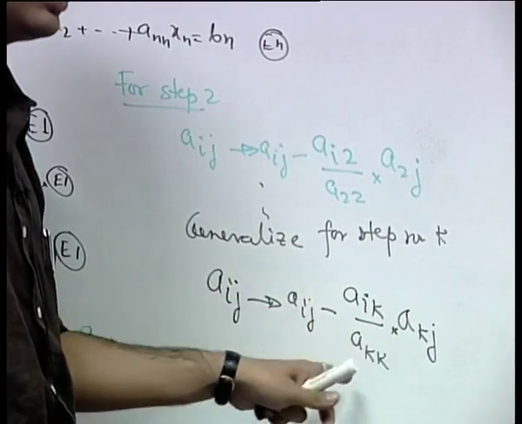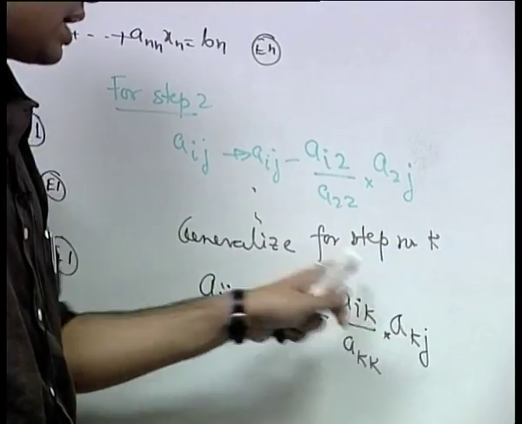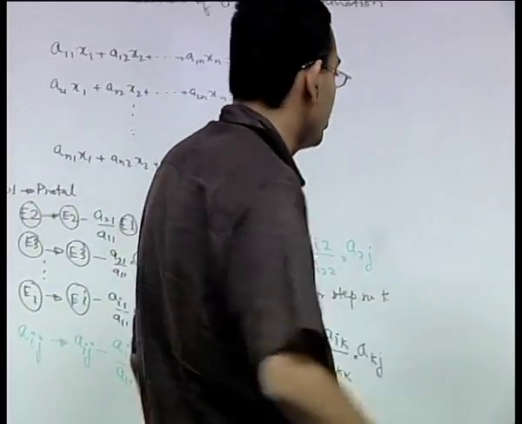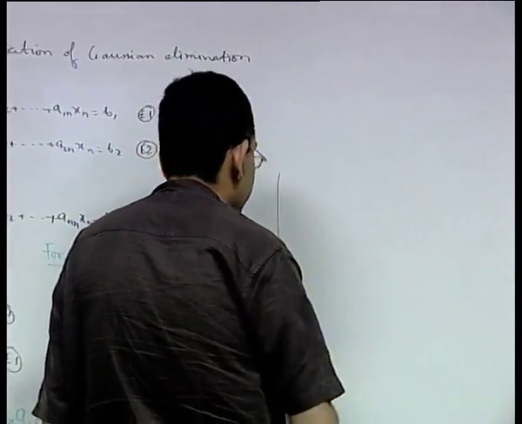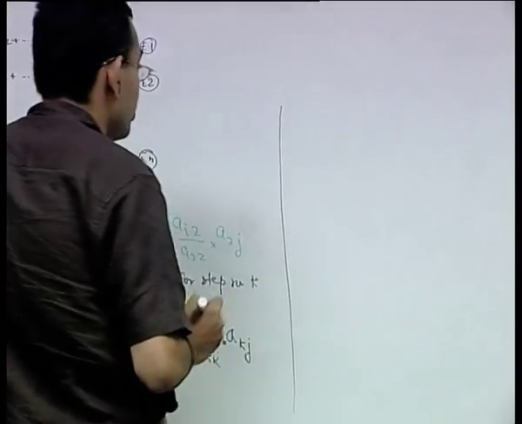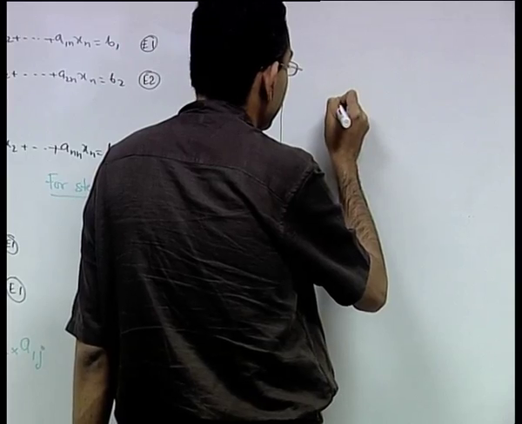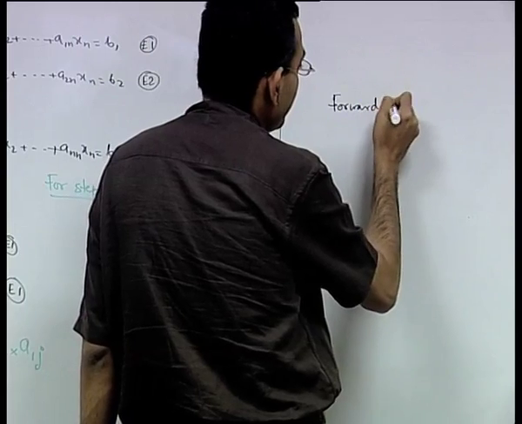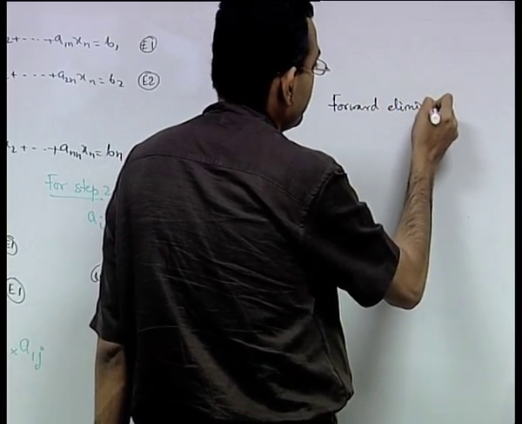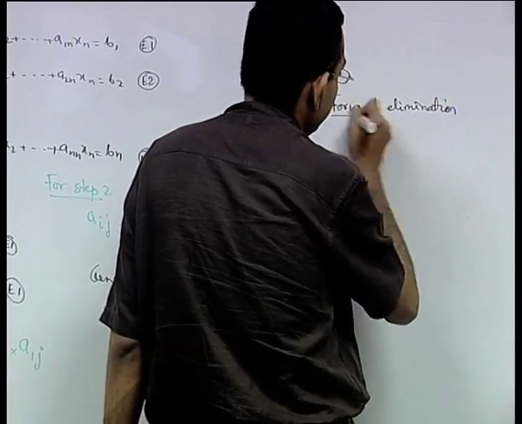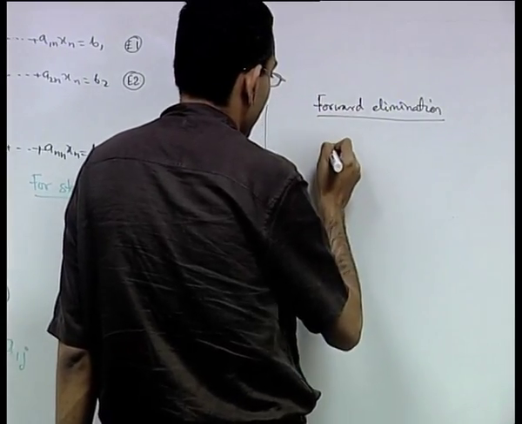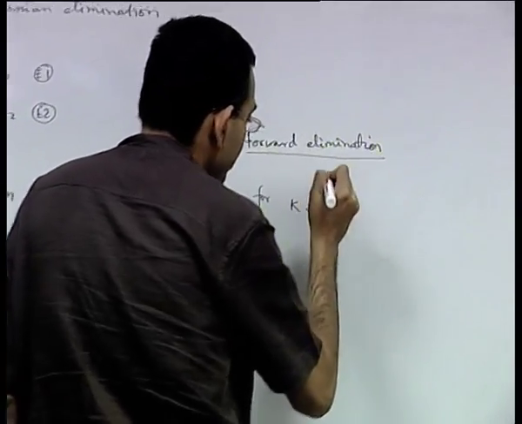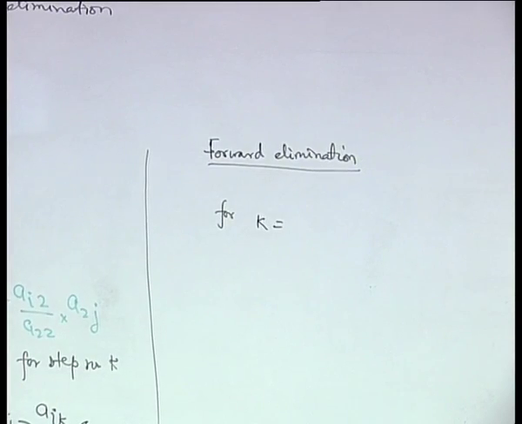So, this is essentially the formula that we are applying for the forward elimination method, and because there are 3 indices i, j and k, we can put this entire algorithm in 3 for loops. So, let us try to put that. What we are trying to do now is formalize the forward elimination. So, let us write the for loops: for k equal to, what will be the range of k?